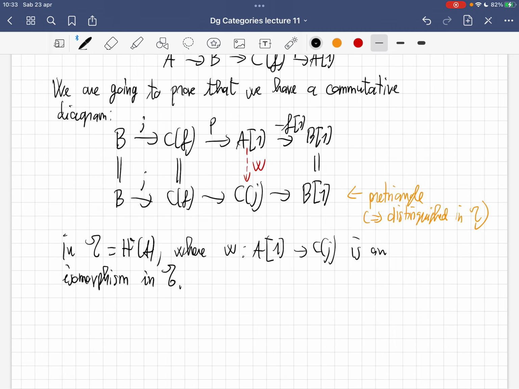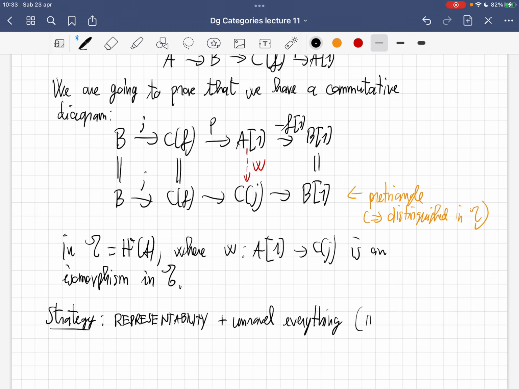Again, representability strategy. It's a little bit tricky. Plus unravel everything in the framework of the DG modules.